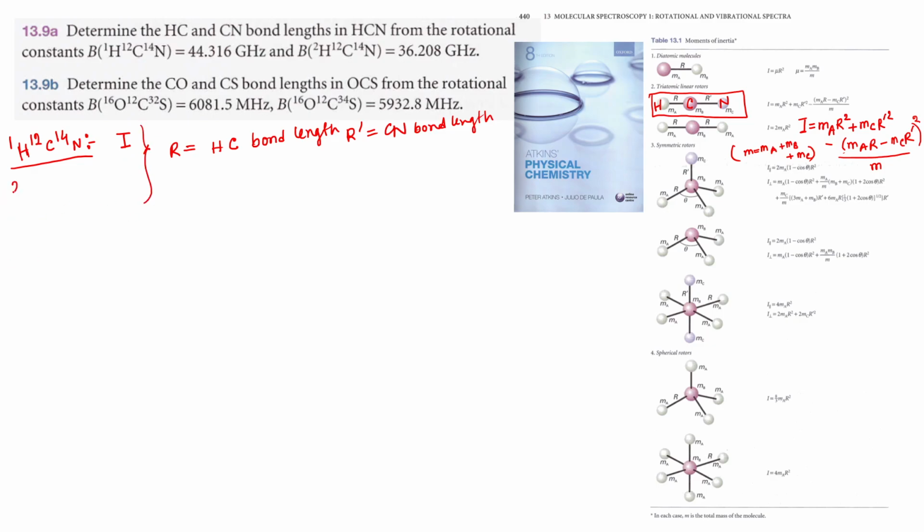For deuterium we have 2H 12C 14N, the moment of inertia, suppose this is going to be I dash. Why? Because your mu is going to be different, right? The masses are going to be different for this case. So let us write Im.